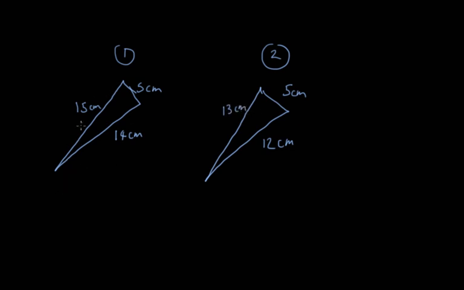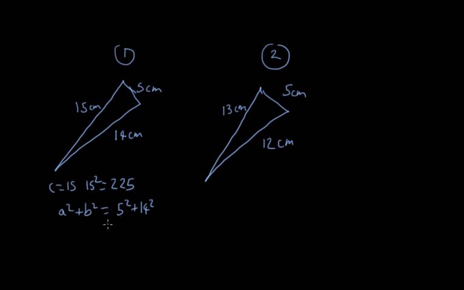So let's think. The hypotenuse on triangle 1 is 15, so c equals 15, and 15 squared is 225. A squared plus b squared equals 5 squared plus 14 squared.